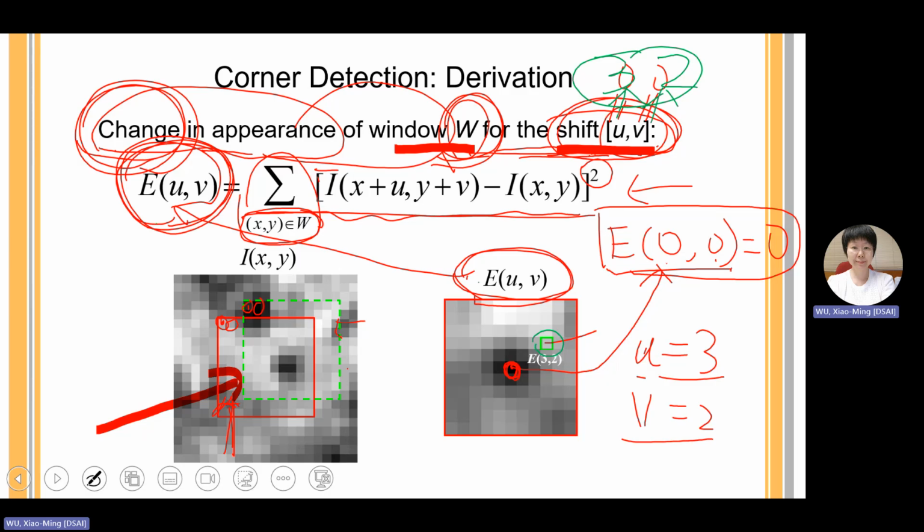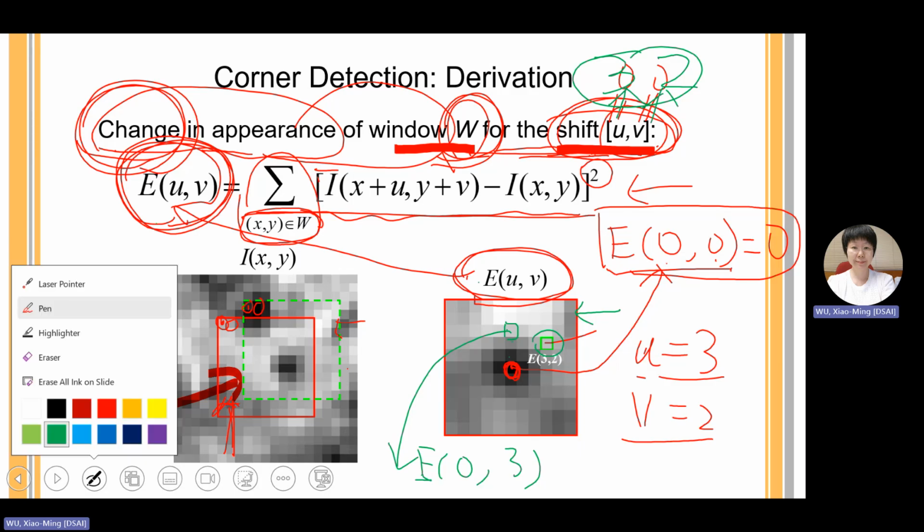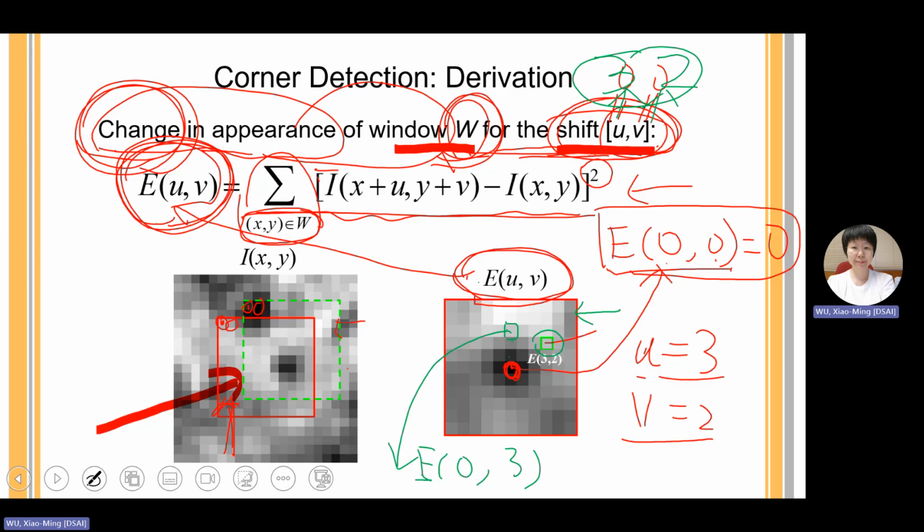So this is the visualization for any other block. For example, this block represents E(0,3), and this represents the changes between the red window and the blue one.